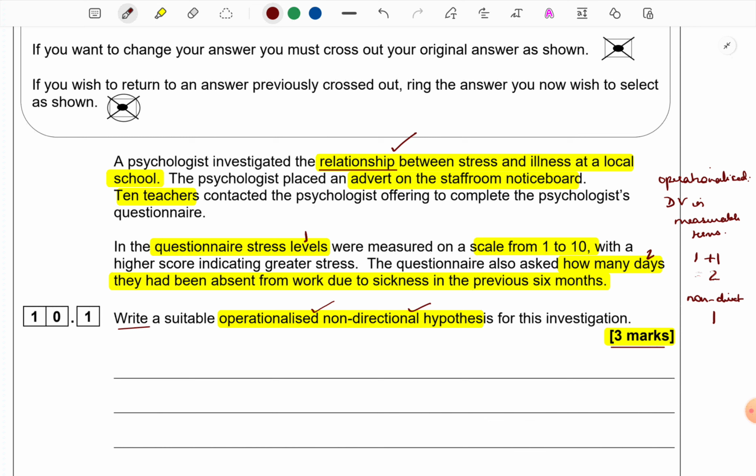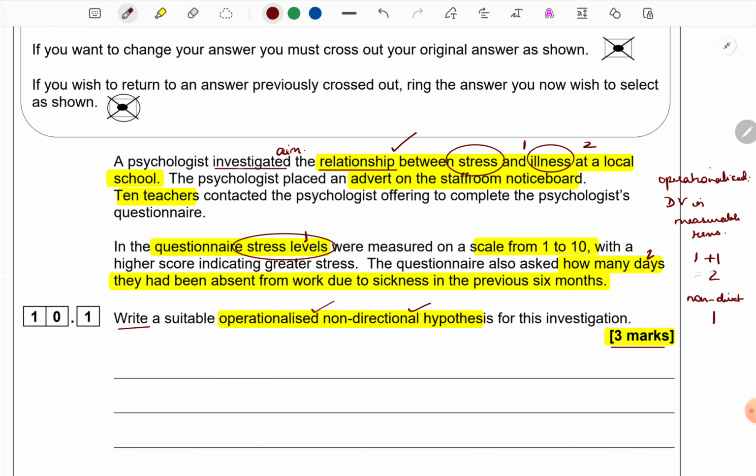So first, in our mind, we need to identify which are the covariables in this scenario. One is stress level and the other is days of absence. Here you can see actually where they have given the aim of the study, which you come to know from the word investigated that this is the aim. You can see clearly the variables are specified, relationship between stress and illness.